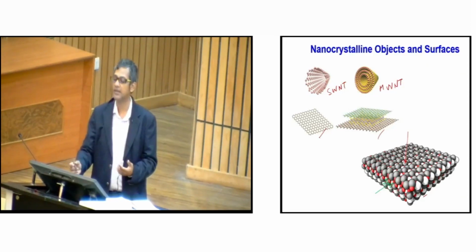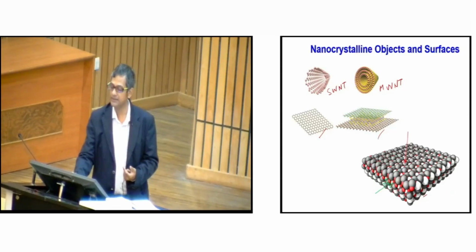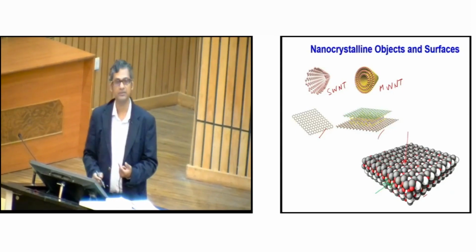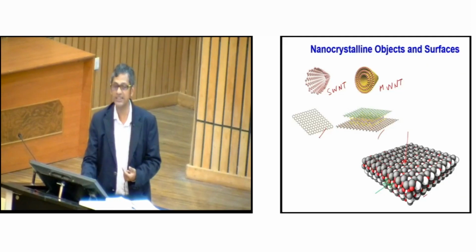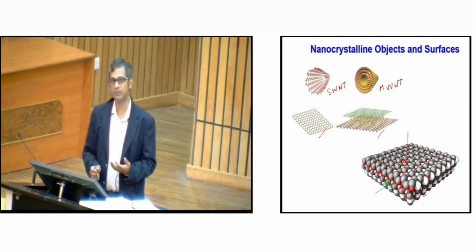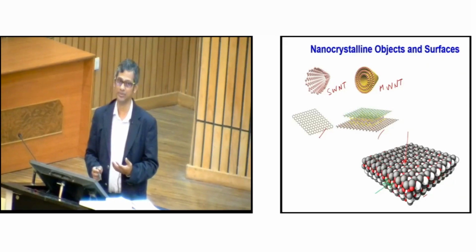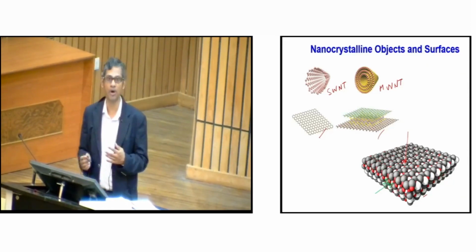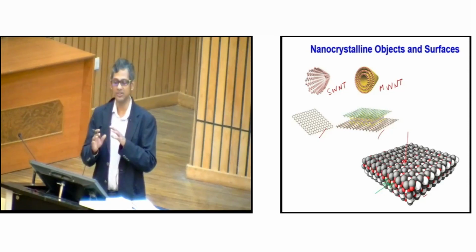Only on the plane its bonds are satisfied. Unlike the atom sitting inside the bulk of the material, the atom sitting on top of this plane is unsaturated. It has dangling bonds, bonds which are not satisfied.